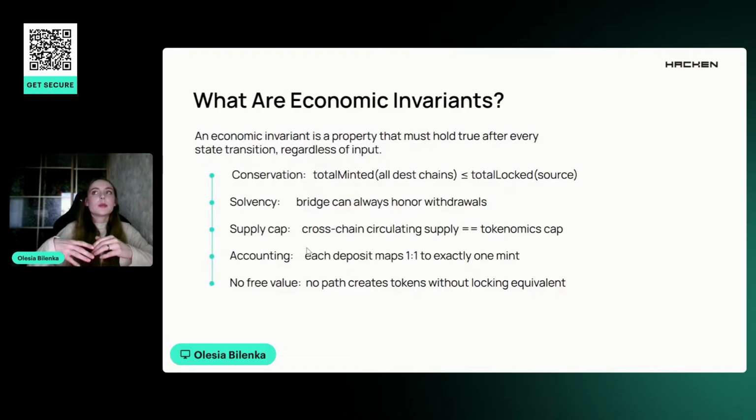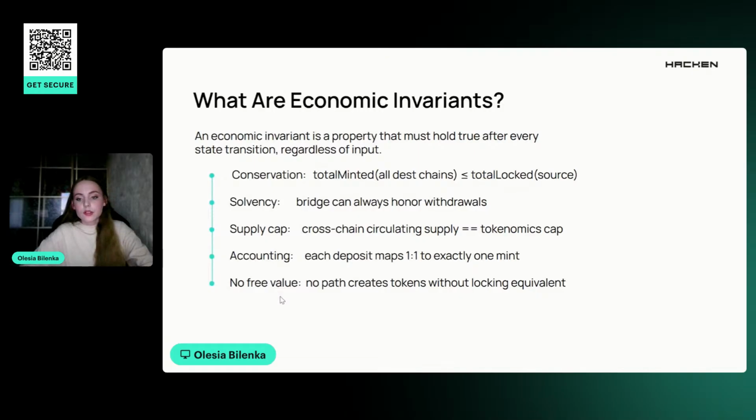Like 1 million means 1 million on all chains, not on each chain. Accounting means each deposit maps one-to-one to exactly one mint. There are no double mints and no phantom deposits. And no free value means that there shouldn't be any paths to create tokens without locking the equivalent amount of tokens. So the bridge should only transfer value and not create it.